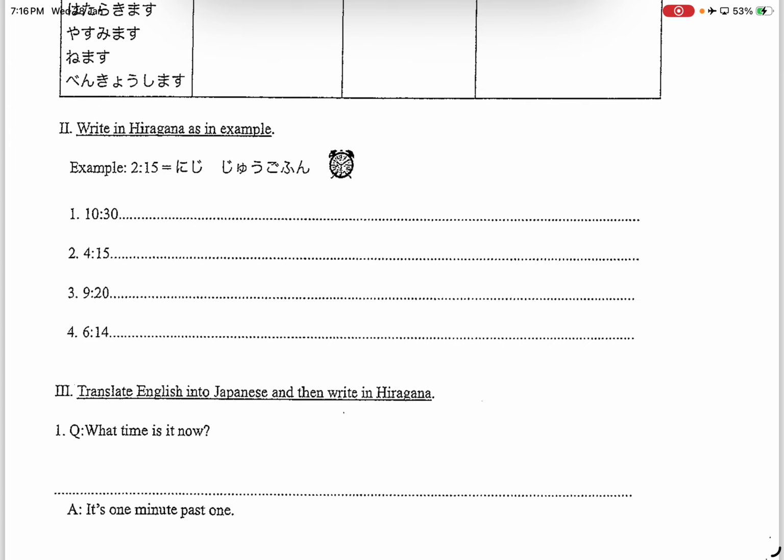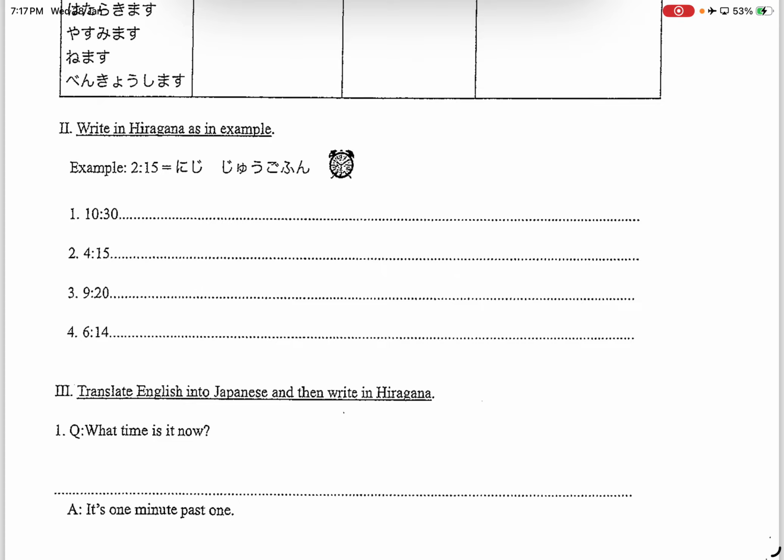Okay, last one, 6:14. 6時 is 6 o'clock. Then 14 minutes.